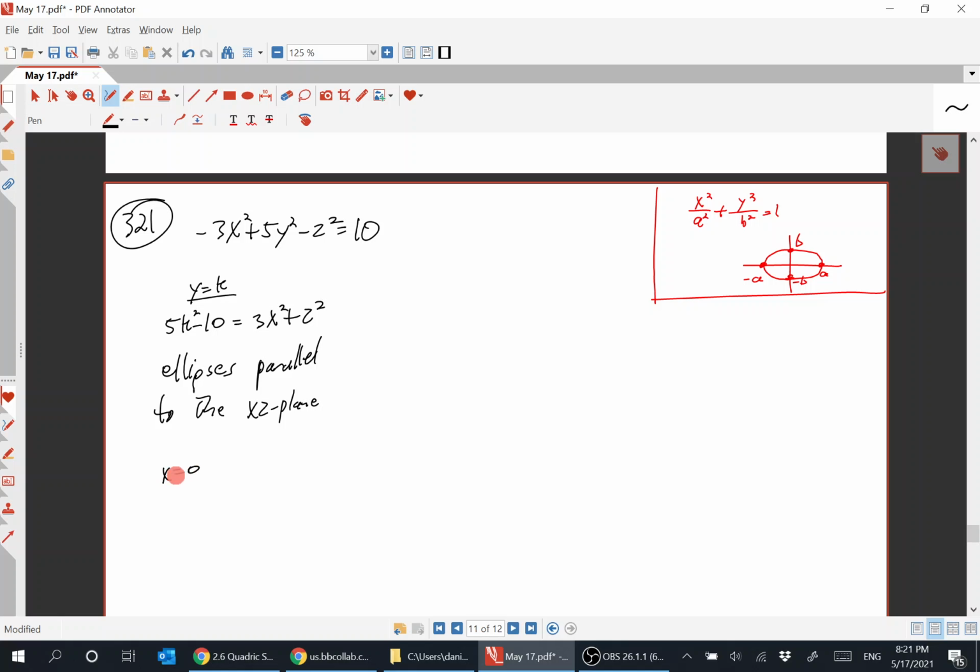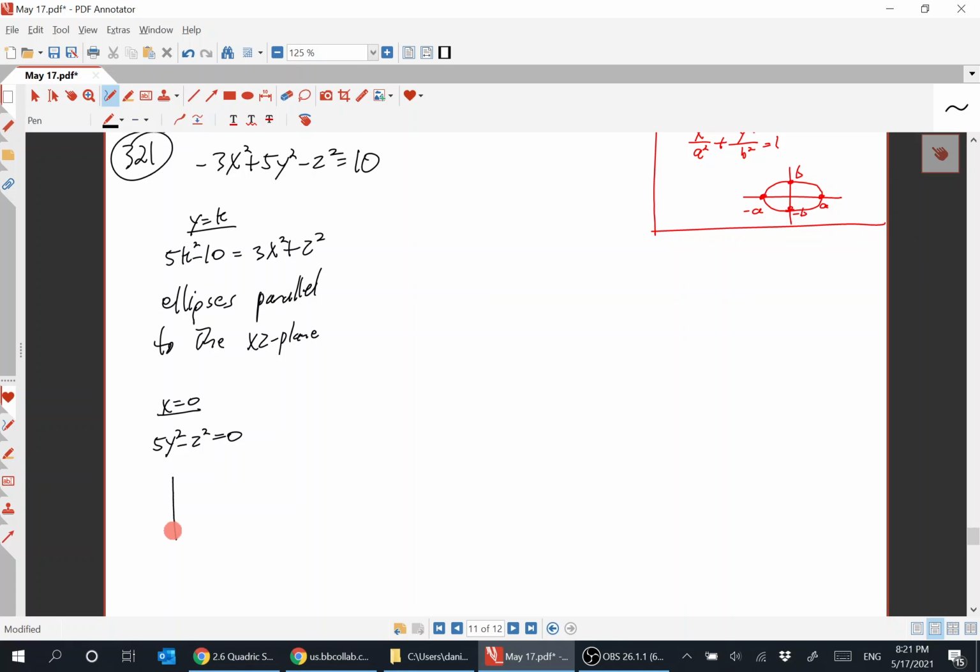If we let x equal 0, then I have 5y squared minus z squared equals 0. And so you get, in the yz plane, hyperbolas opening this way on the z-axis.